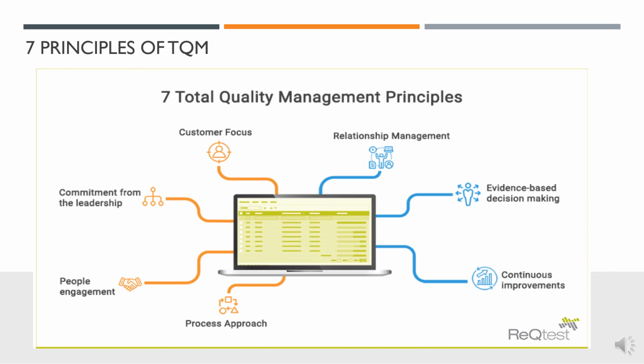Next is that TQM is evidence-based decision-making. The decisions are based on the insights gained from analyzing and evaluating data. This will help to produce desired results. And the seventh principle is relationship management. Organizations should manage their relationships with interested parties, such as suppliers, very well. This will help to sustain the levels of success achieved.